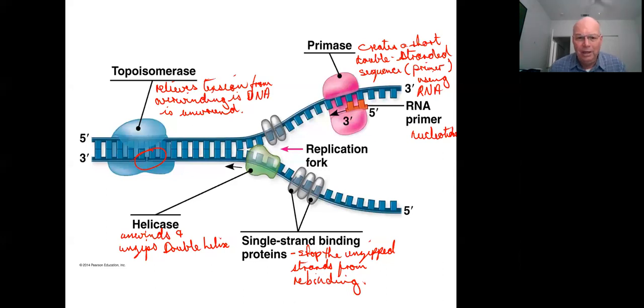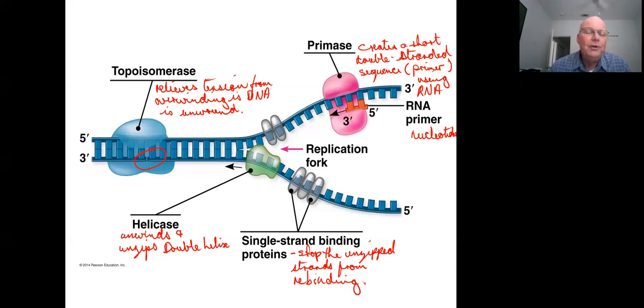It starts moving along the DNA, and you can see it's moving along the strand here, moving from the 5' to 3' direction. That is not the direction in which the DNA is going to be copied, however.